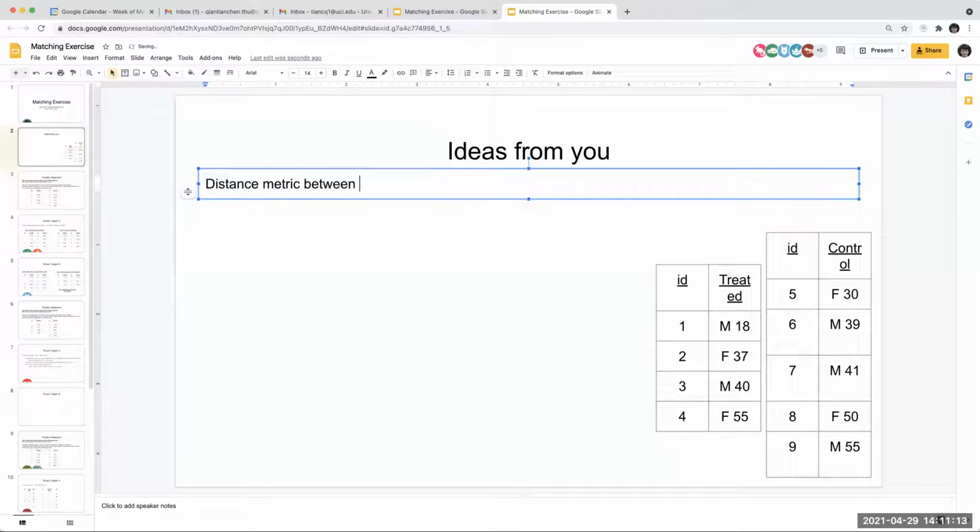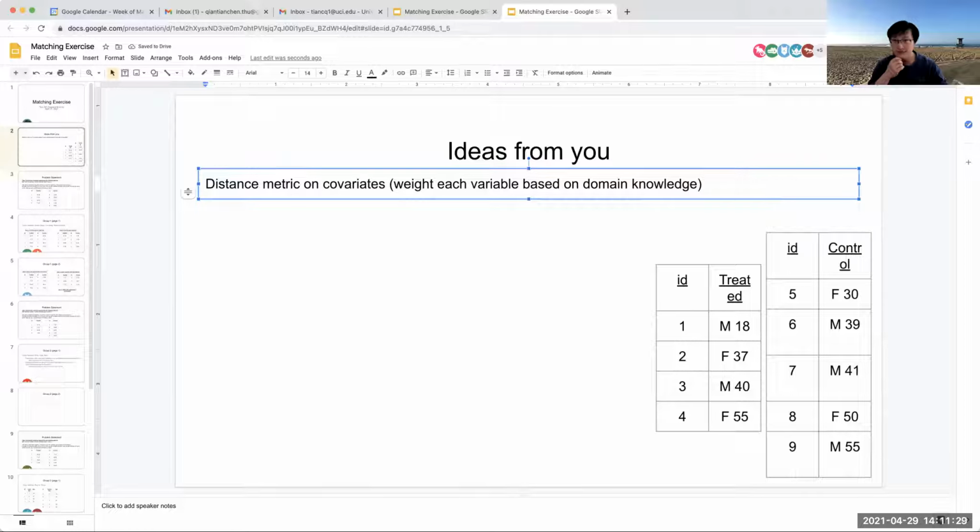So you'd have to weight each variable somehow, hopefully based on background knowledge about what you know is important to prioritize, your scientific knowledge. Yeah, that's a good point. Any other thoughts, or does anyone want to tell me a proposed matched sample?